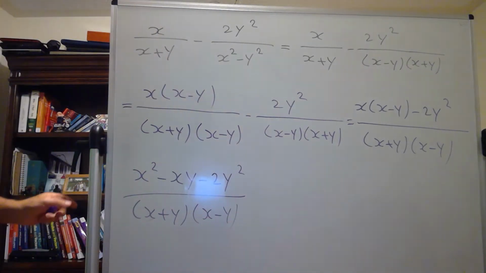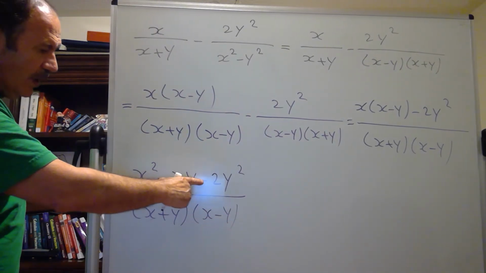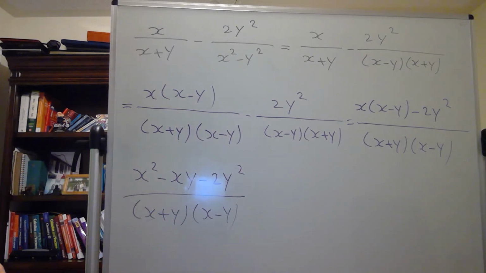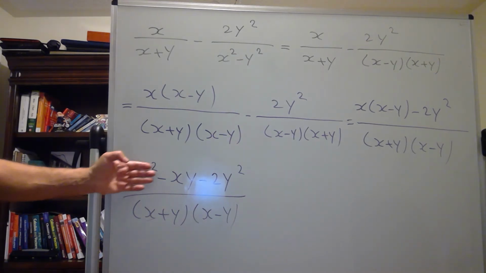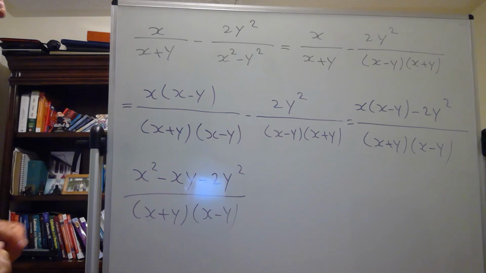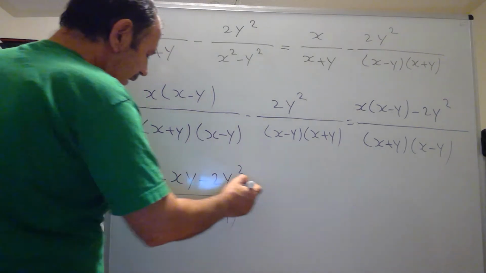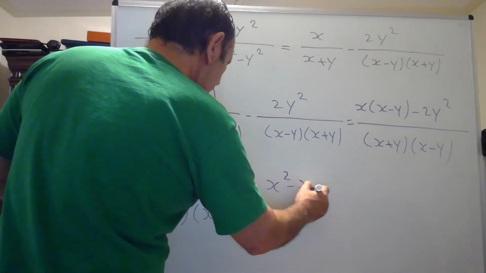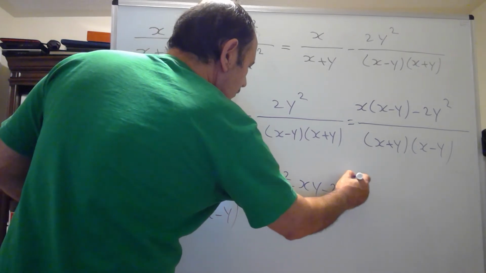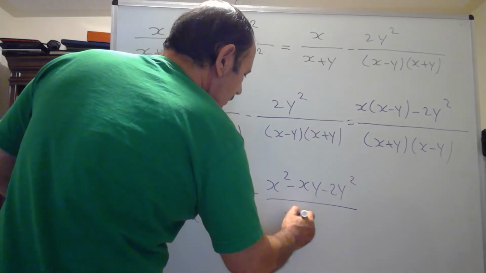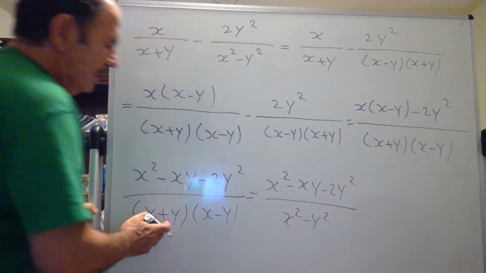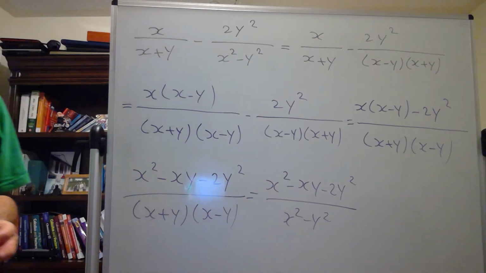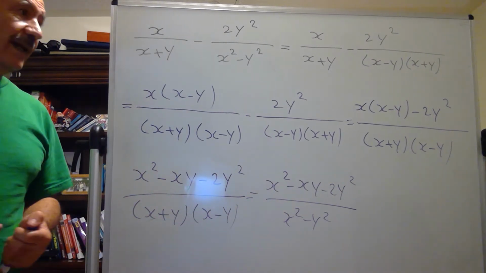It seems that I cannot simplify this anymore, so this is going to be our final answer. Or I can rewrite it as x squared minus xy minus 2y squared over x squared minus y squared, where I just expanded these two. And this is our final answer.